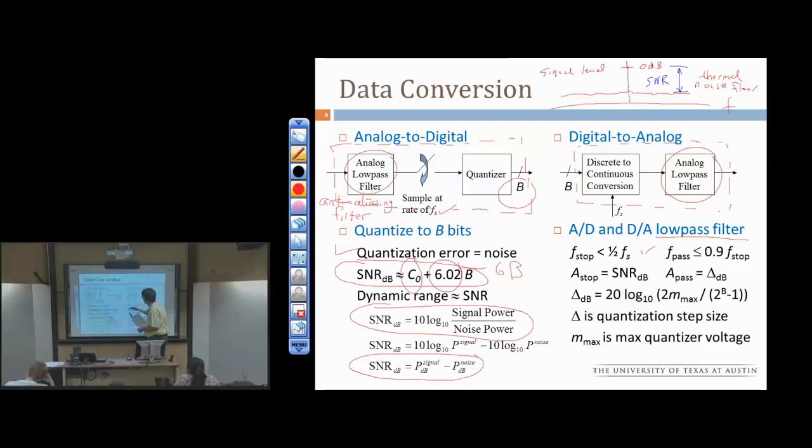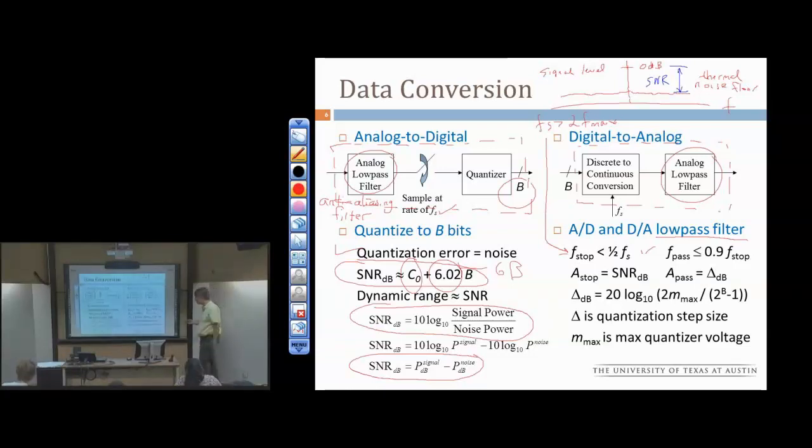Sampling theorem says that Fs is greater than 2 F max. And so for the role of the filter, the maximum frequency is the stop band frequency. That means that our sampling rate has to be greater than 2 F stop. That means that F stop has to be less than Fs over 2, or half Fs. Just a side effect of the formula for the sampling theorem.